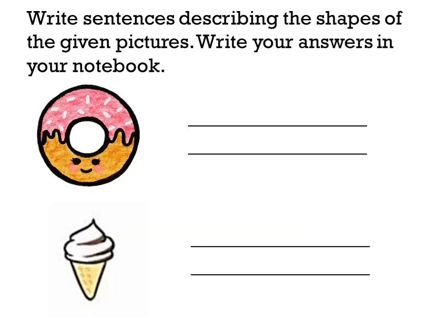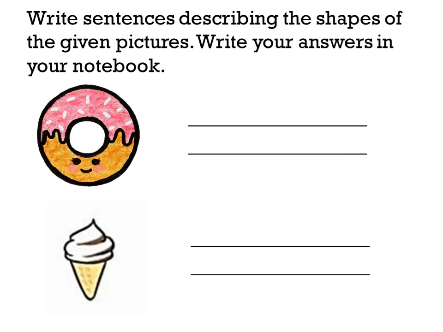Now, here we need to write sentences describing the shape of the given pictures. You need to write your answers in your notebook. The first one is a donut, and the second one is an ice cream. You just have to describe the shape. Write 1 and then 2, and then you tell the shape.